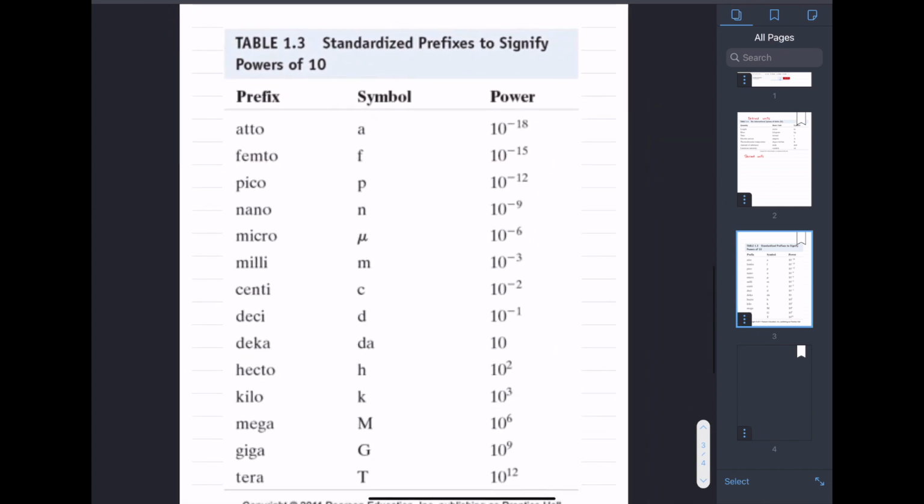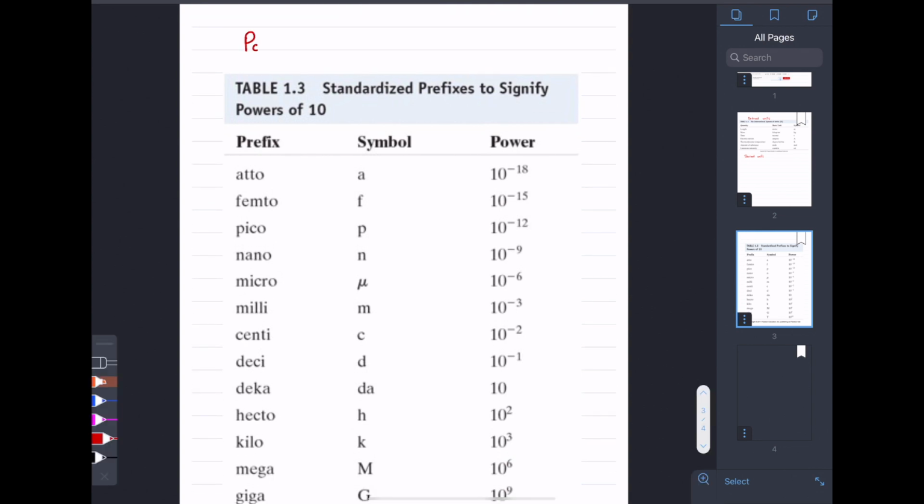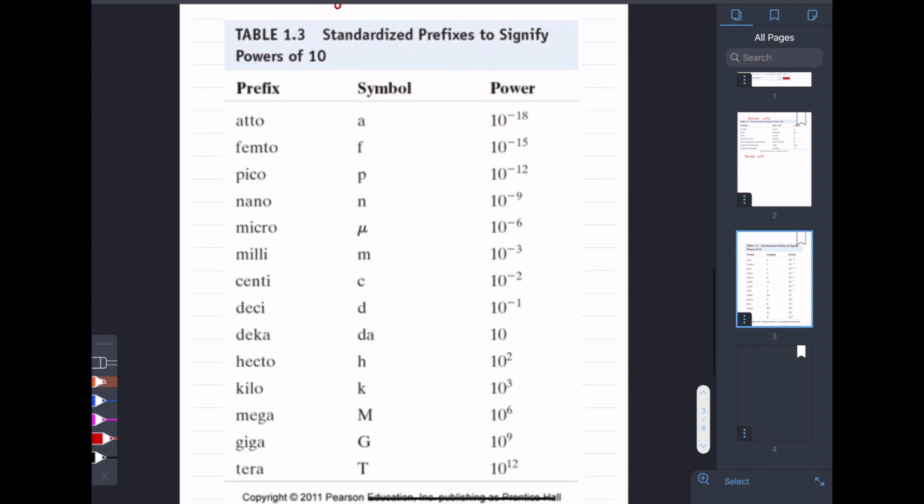Then let's look at this. There are powers of 10 that are very, very important. Why do we need powers of 10?